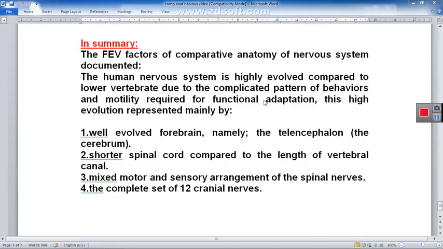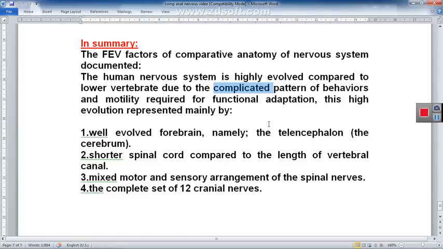This high evolution of the nervous system in a human is related to the complicated pattern of behavior that the human requires, and also due to the complicated pattern of motility, not only behavior. The human needs complicated behavior and complicated motility for functional adaptation.